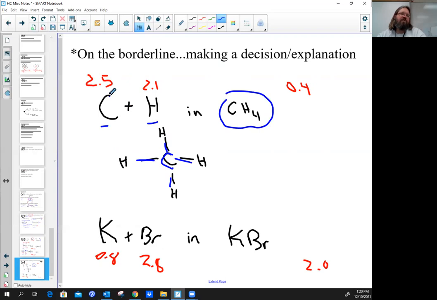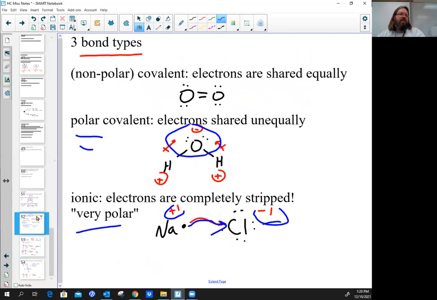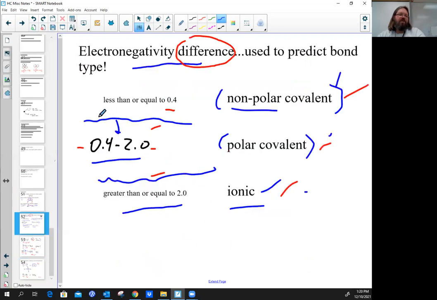The carbon's electronegativity is 2.5. Hydrogen's electronegativity is 2.1. Again, I got that right off the chart, and you guys don't need to memorize this chart, right? But 2.5 minus 2.1 is 0.4. Okay, so it's sort of right in the middle of this. It's 0.4. Well, do we call it nonpolar? Do you call it polar?